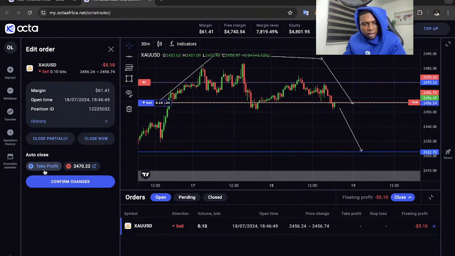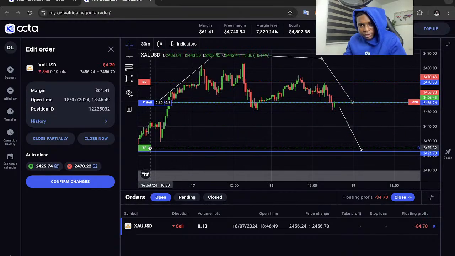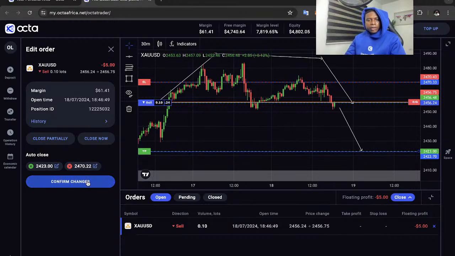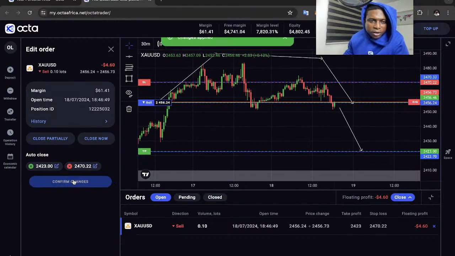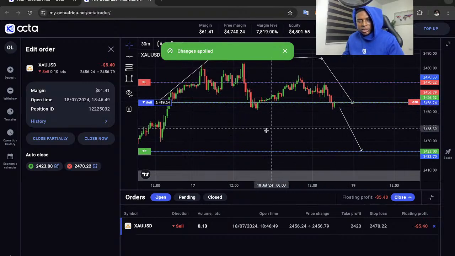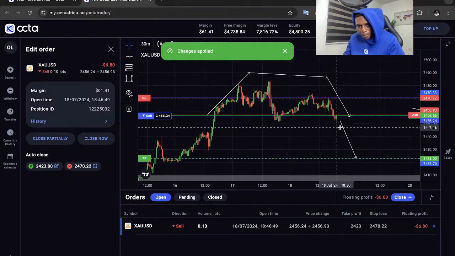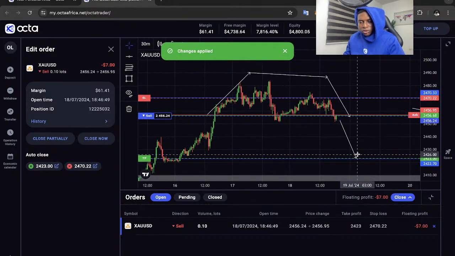Then I set take profit. I move my take profit here, and then I click on confirm changes. So right now I'm shorting gold from this level to this level.